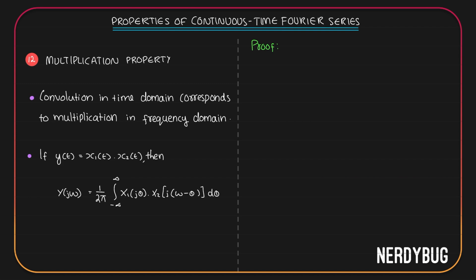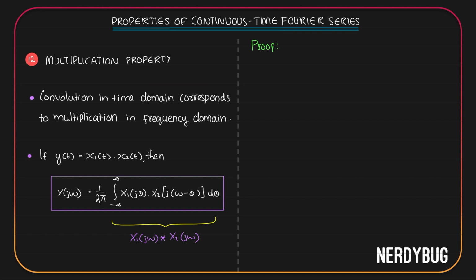Now this is actually of the form integral from minus infinity to infinity x1 of tau, x2 of t minus tau d tau. This is the equation to find convolution of x1 of t and x2 of t. So this is the equation to find the convolution of x1 of j omega and x2 of j omega.